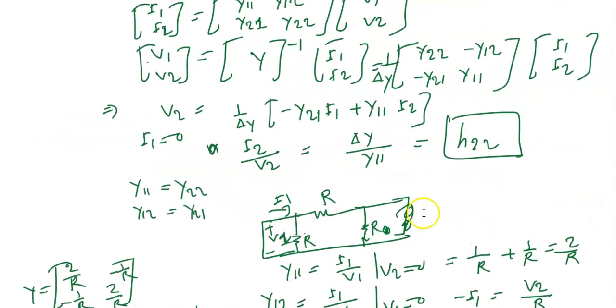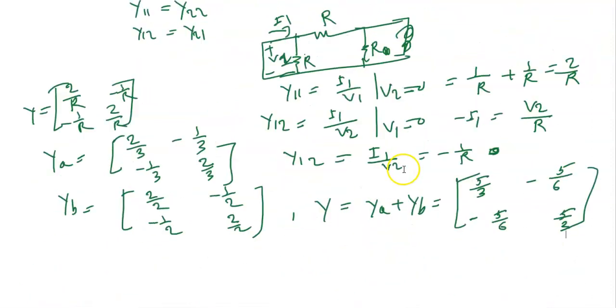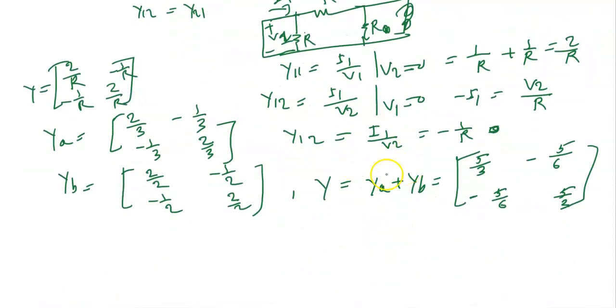As previously we saw, H22 is del y, that is the determinant of the overall y parameters matrix, upon y11. Y11 is here. The determinant is 5 by 3 squared minus 5 by 6 squared.